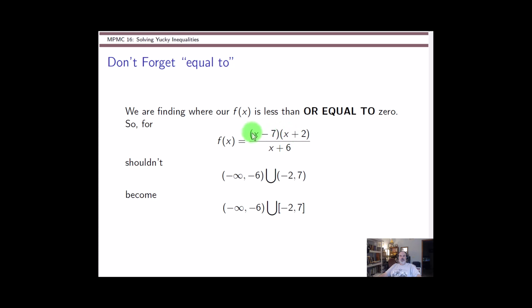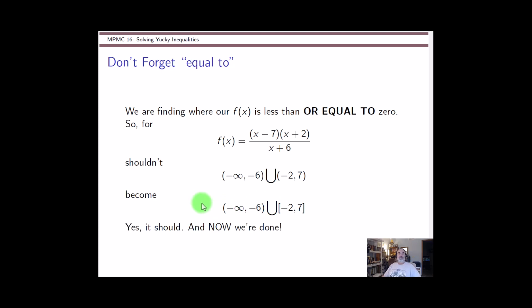So where will this end up being 0? When we plug in x equals 7, we would get 0, so we need to include 7. And when we plug in -2, this function would be 0. So we need to include -2 and 7, which means in our interval presentation of the answer, we change the rounded brackets to square brackets to indicate that those endpoints are actually included in the final result.